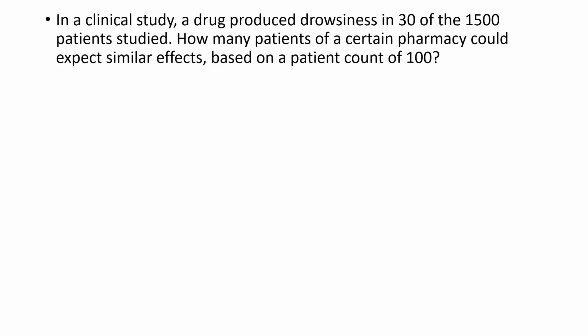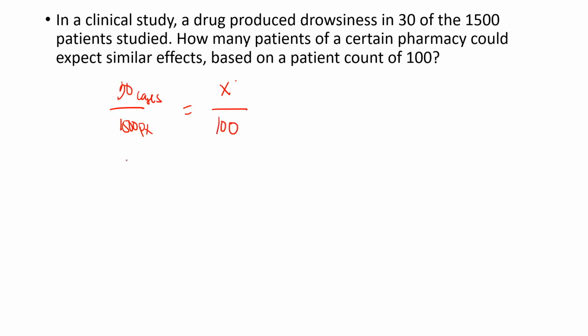So in a clinical study, a drug produced drowsiness in 30 of the 1,500 patients studied. How many patients of a certain pharmacy could expect similar effects based on a patient count of 100? So the rate is 30 cases per 1,500 patients. So how much are we expecting if we have a patient count of 100?